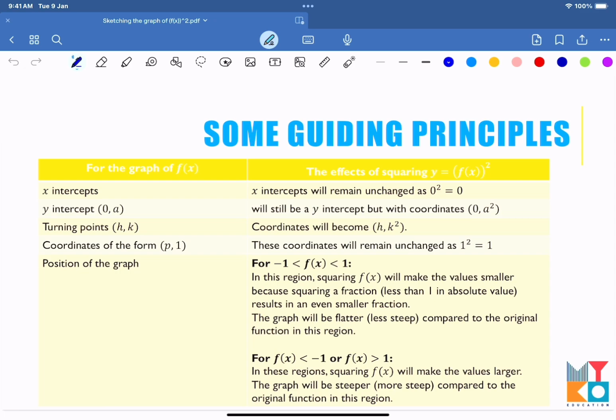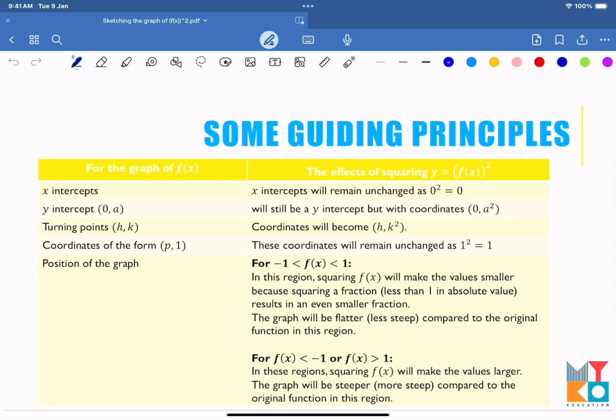The x-intercepts are points where the y-coordinate is 0, so x-intercepts will remain unchanged because as you square the y-coordinate, which is 0, 0 squared is going to be 0. This is very important because it helps us to know some of the important points in the graph of the square of f of x.